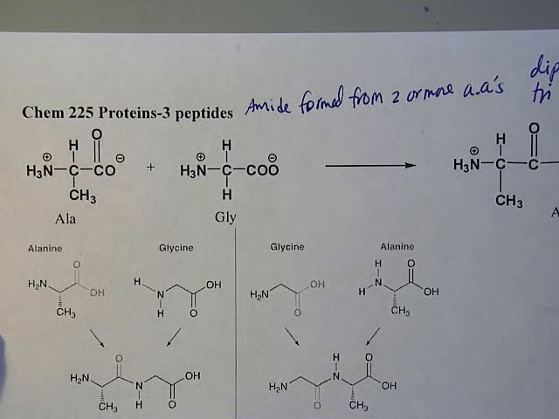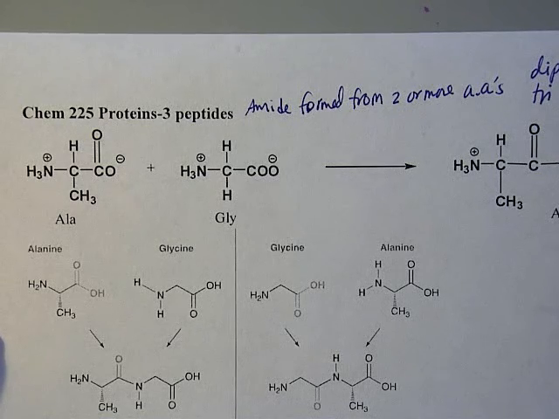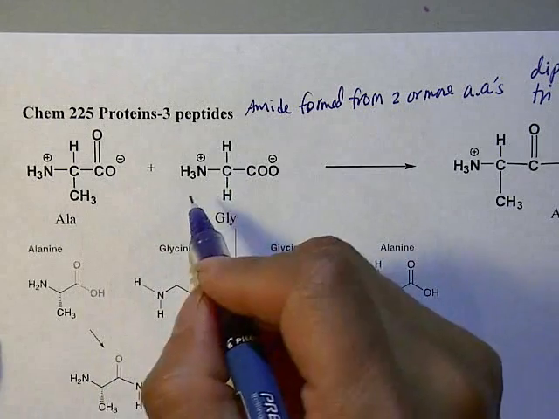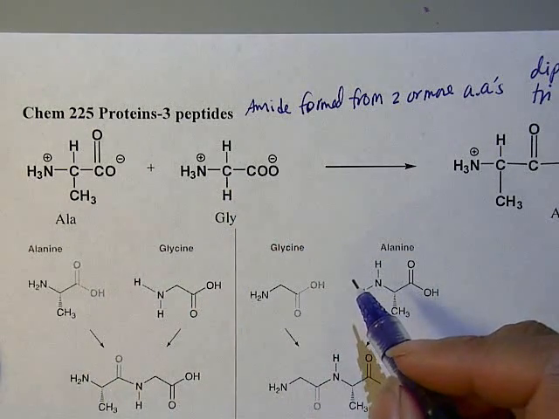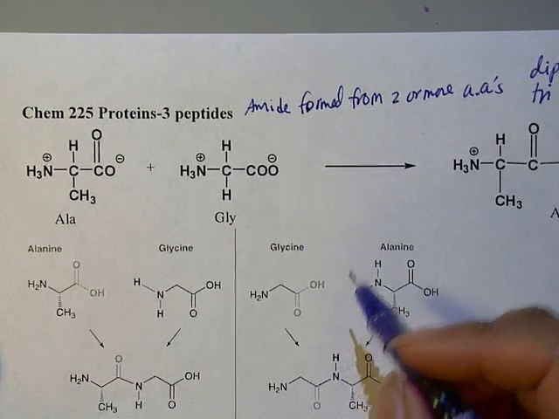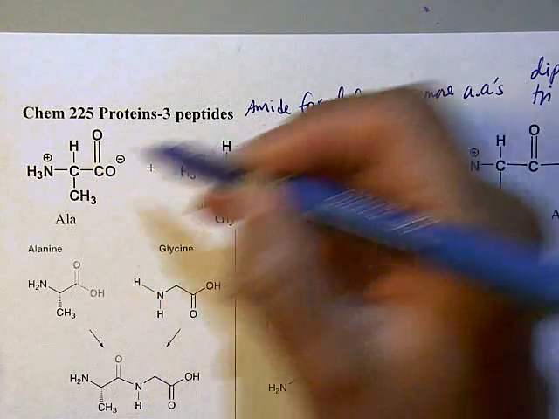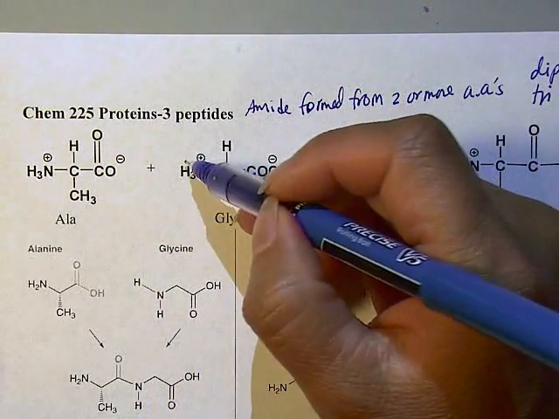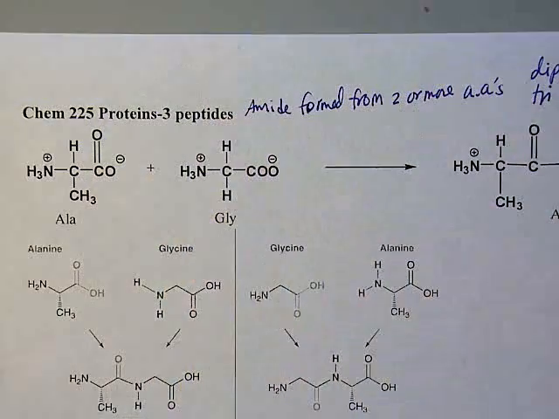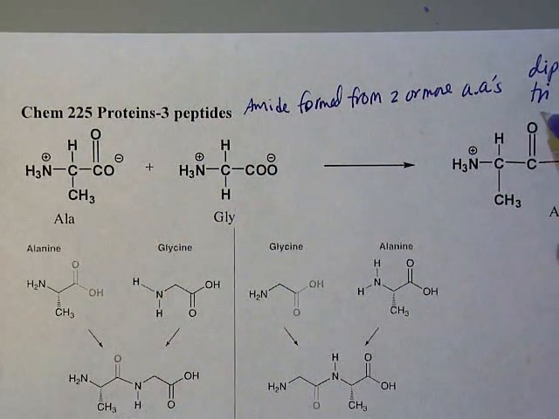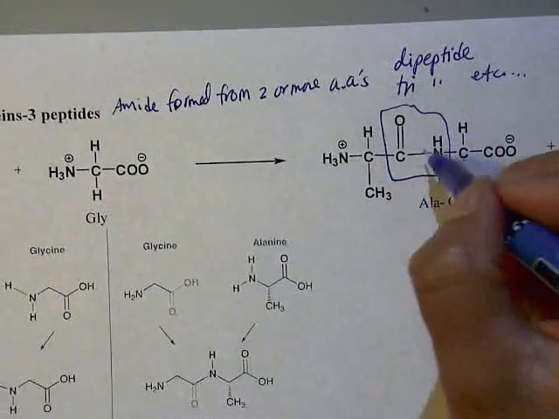And so here's an example of an alanine and a glycine, 2 amino acids. And what has to happen enzymatically is the carboxylic acid of one amino acid and an amine group of the other amino acid have to come together to form this amide bond. So here is the bond that is formed.